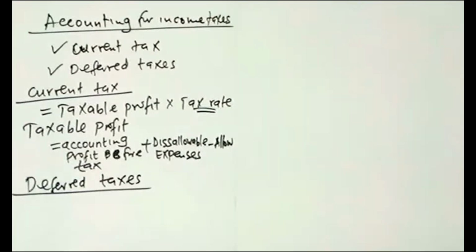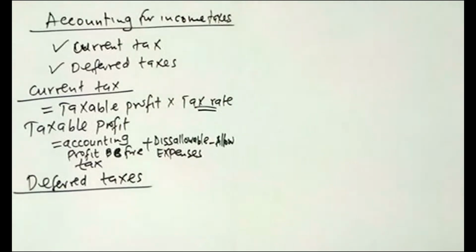Then another thing here is how to arrive at the deferred taxes. Deferred taxes is all about future tax obligations. So you make provisions for the future taxes. That is all about the deferred tax. So how do you get the deferred tax? We have 2 methods to use, but one is the method which is recommended.